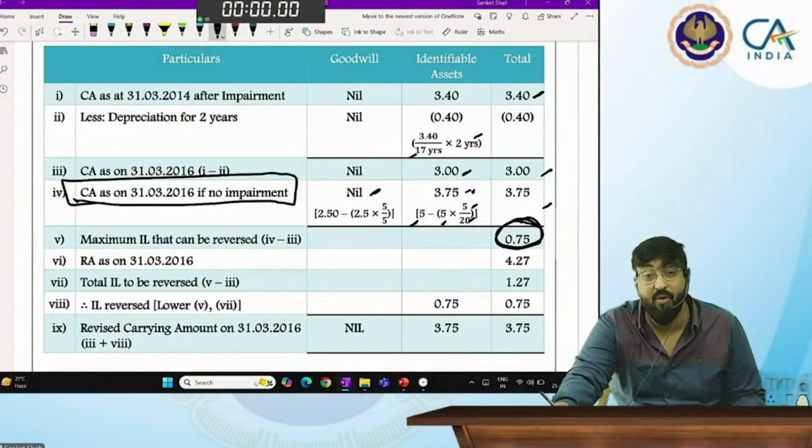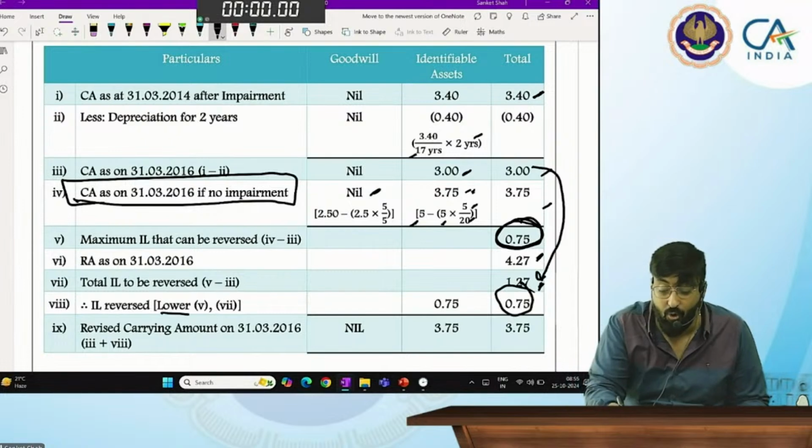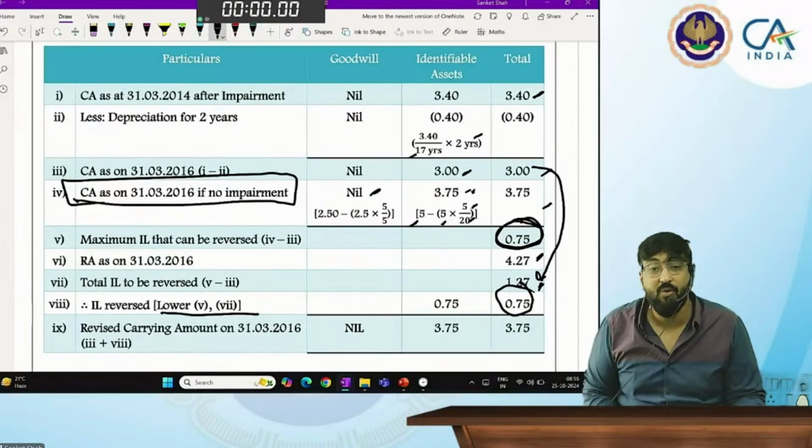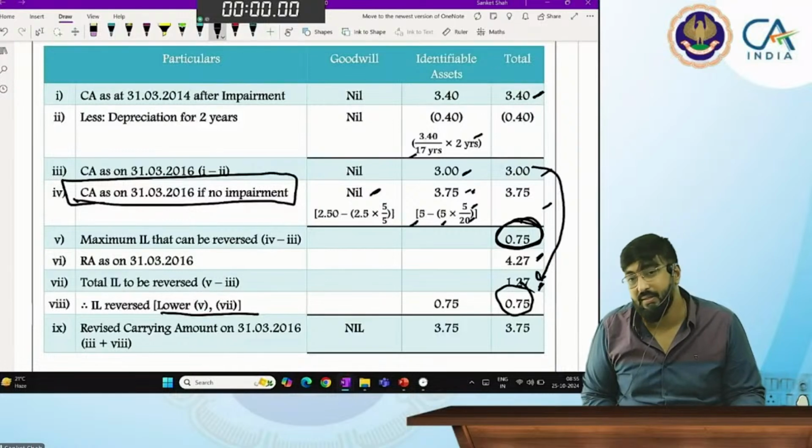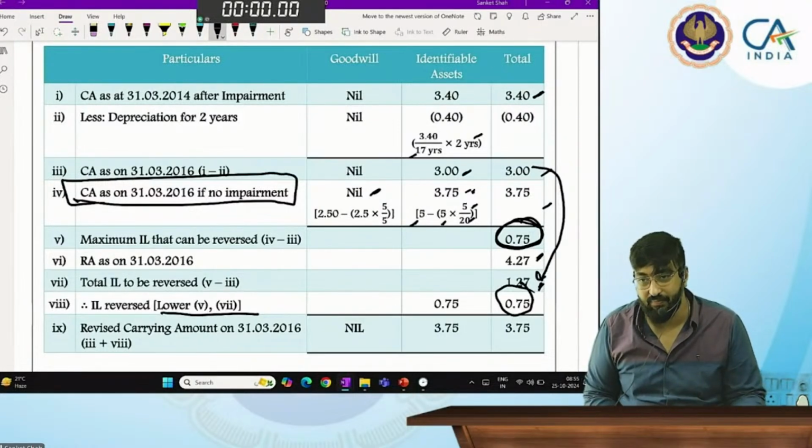And now what is your recoverable amount? 4.27. तो आपको रिवर्स कितना करना है? 1.27 आपका बढ़ रहा है, बट मैक्सिमम कितना रिवर्स करोगे? 0.75, whichever is lower. And you will continue with 3.75.